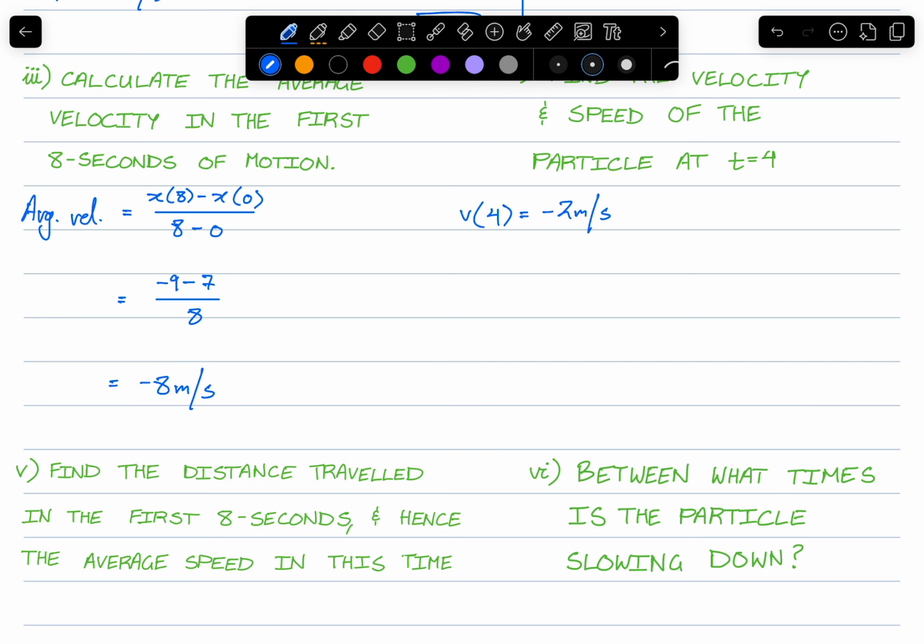As for the speed at t equals 4, we calculate that by taking the absolute value of the velocity at that time. That's just the absolute value of negative 2 meters per second, giving us positive 2 meters per second.